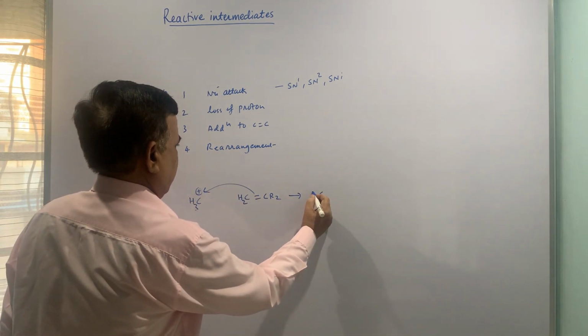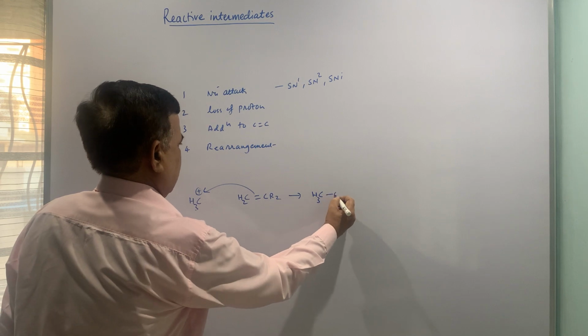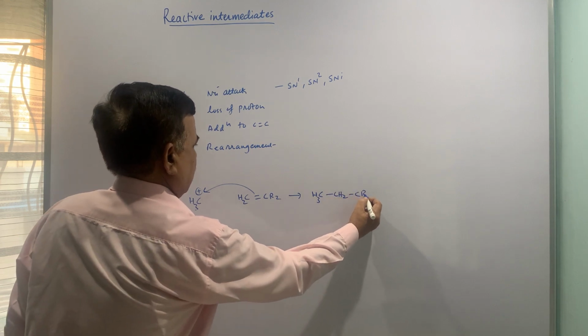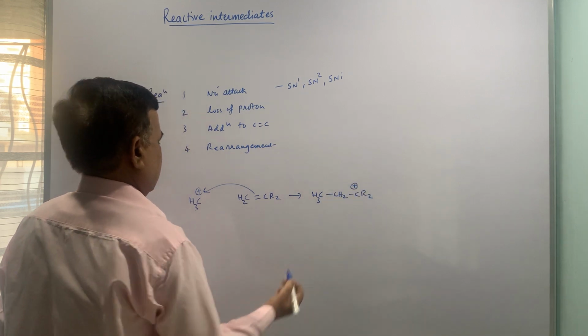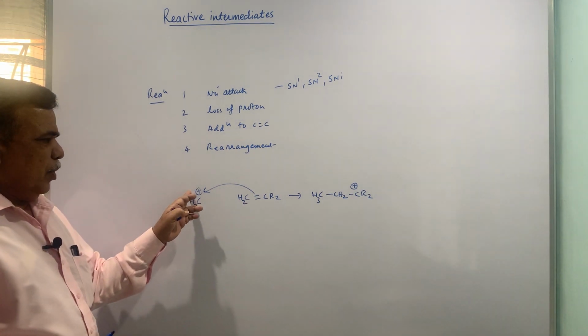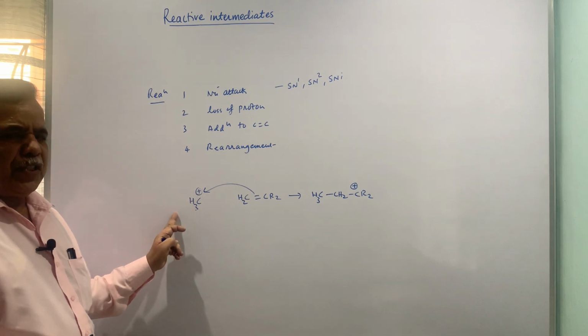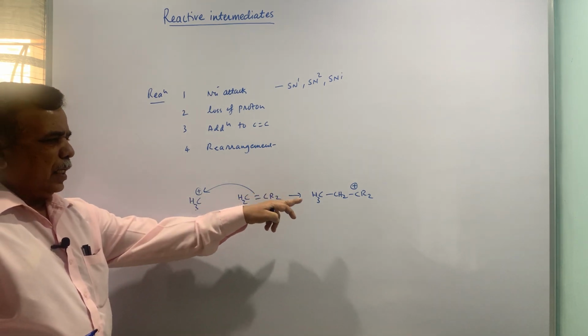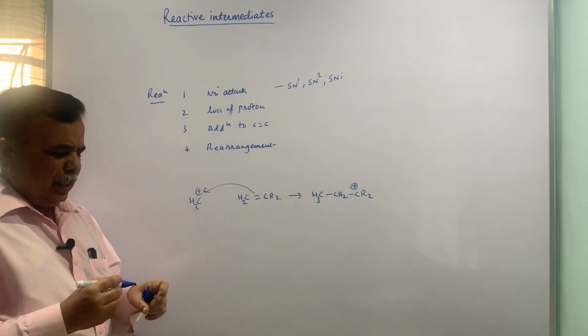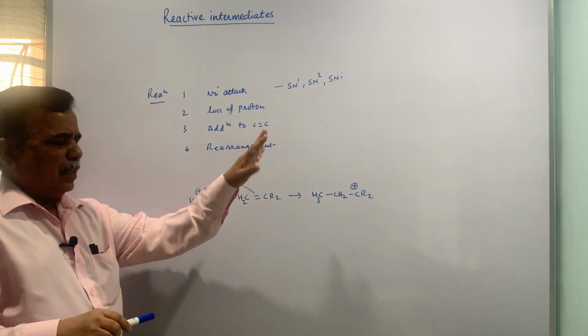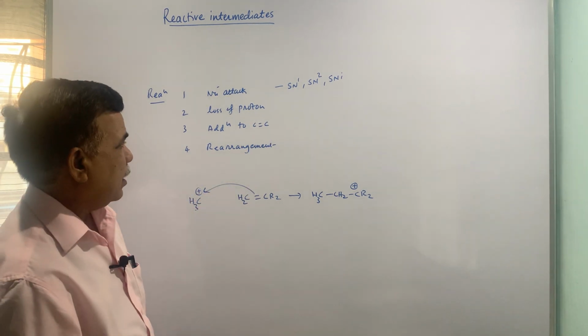The arrow should be proper, you can't show an arrow from plus to this, that arrow is wrong. Electron rich to electron deficient, that is how the arrow should move, and once again you are getting another carbonium ion and it will have a different fate.